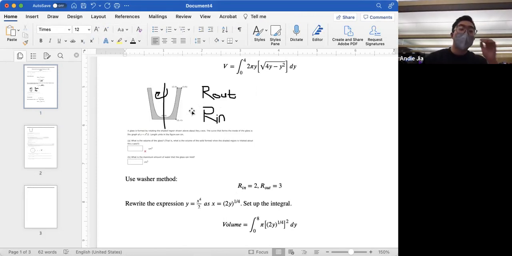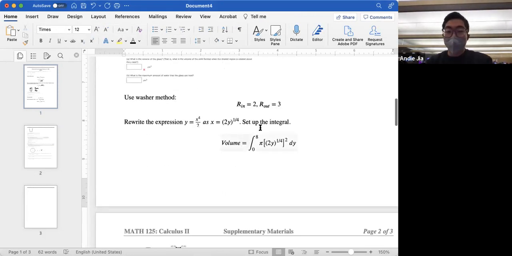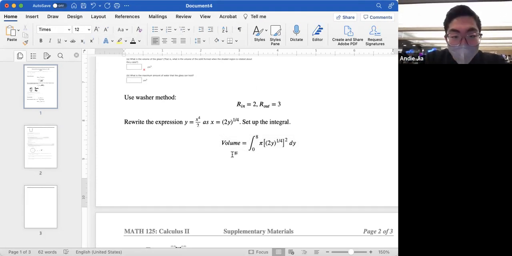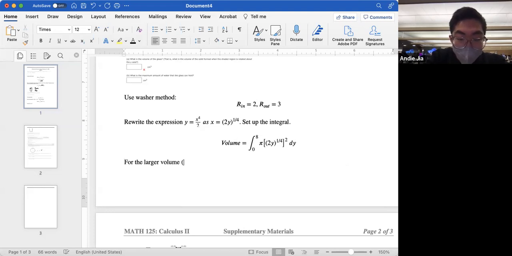If you want to do the outside, you need to do another integral for the larger volume, which is the outer shape. Set up another integral expressing the volume.